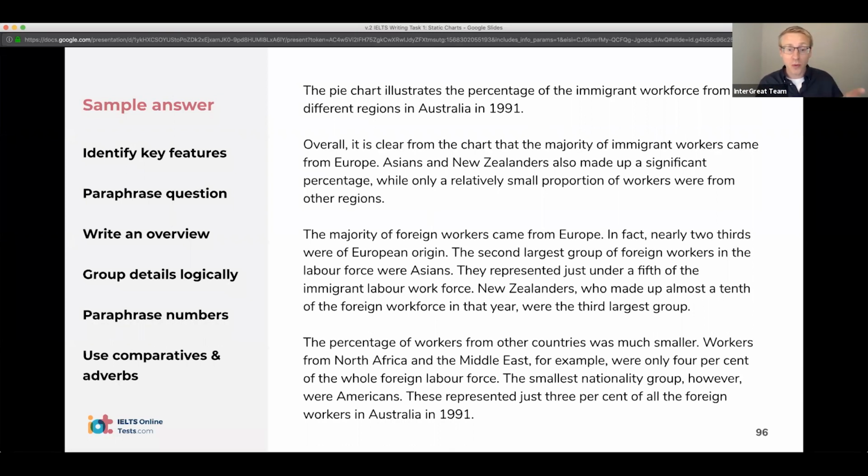We do have a question here about the computer-delivered IELTS versus the paper-based. Which one is more convenient? What would you suggest, Annelie? I think it's really a personal choice. So much depends on how much you're used to using a computer, how you feel about having things up on a screen.